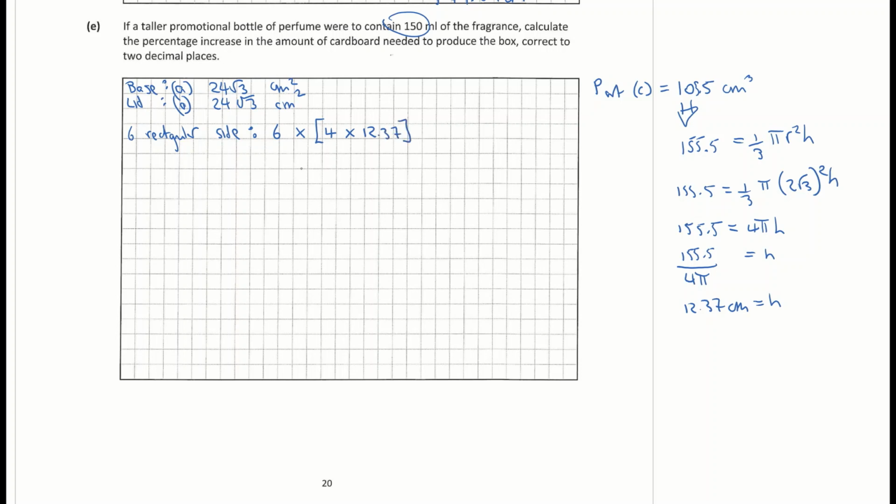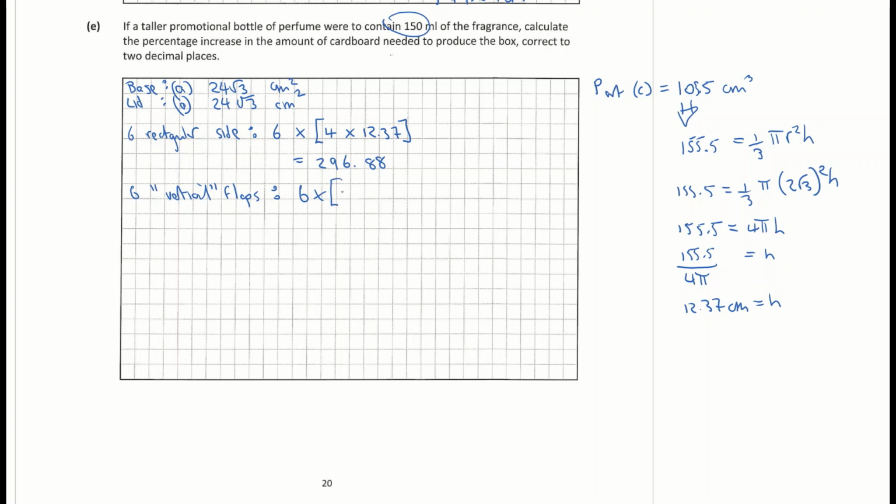And when I multiply 6 by this area, I'm getting 296.88. I'm then going to focus in on the 6, again, I'll call them vertical flaps, the little sides, and once again, 6 of them multiplied by the new length.